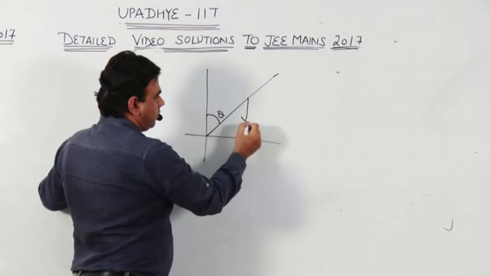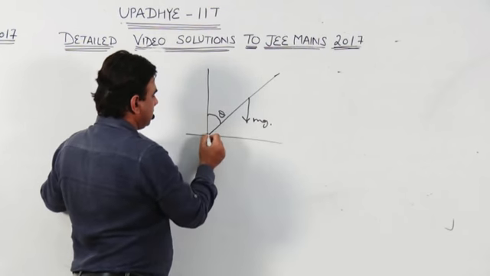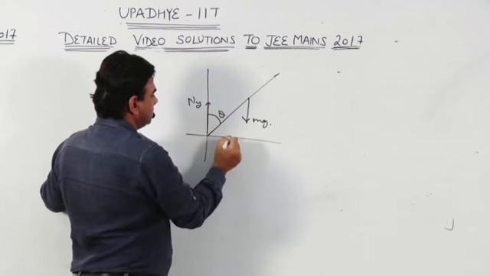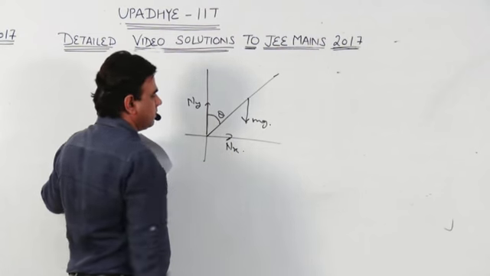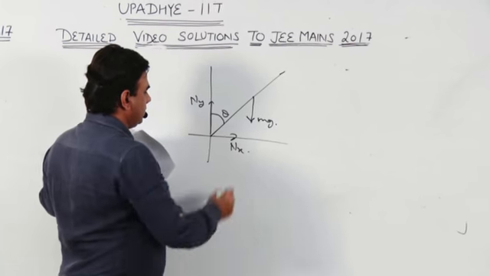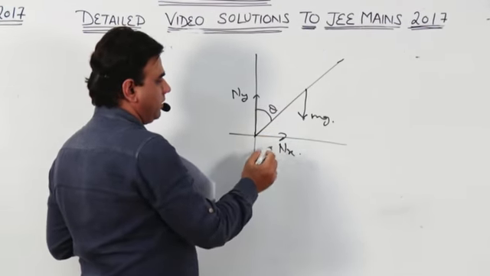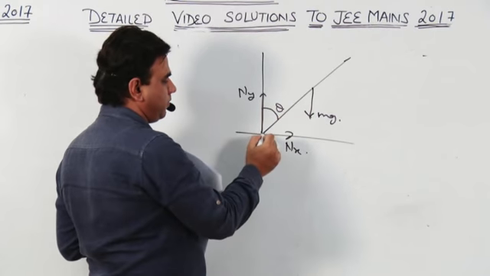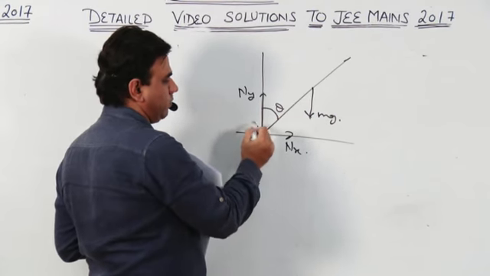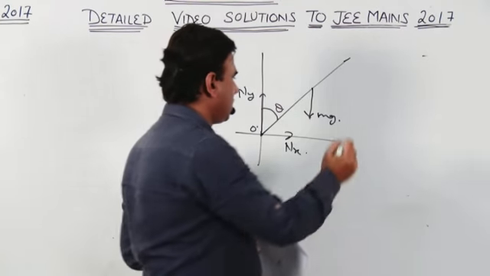First of all, we have to draw all the forces: mg here, and this is N y, and this is N x. These are the possible forces. We have to find the angular acceleration about this point of resting. Let's take it as O. It is better to take torque about O.